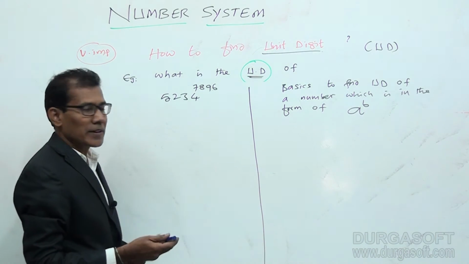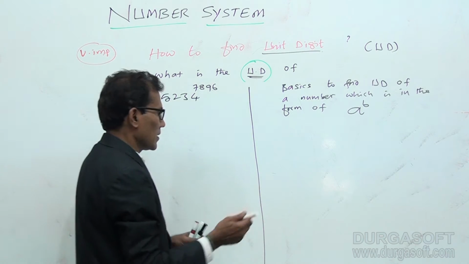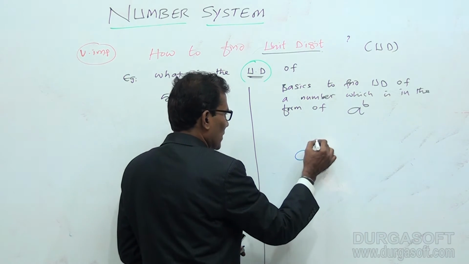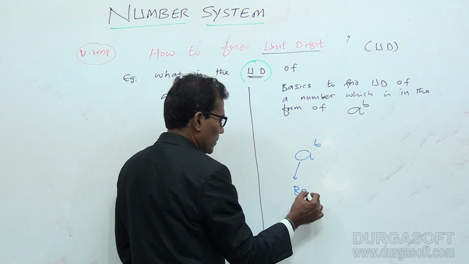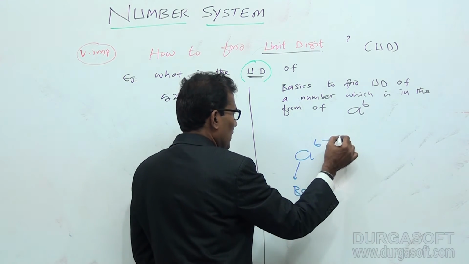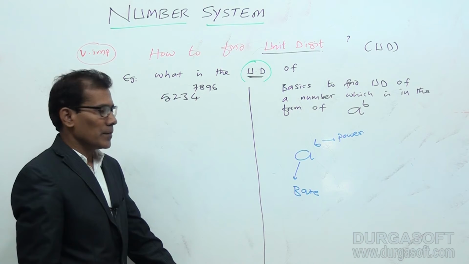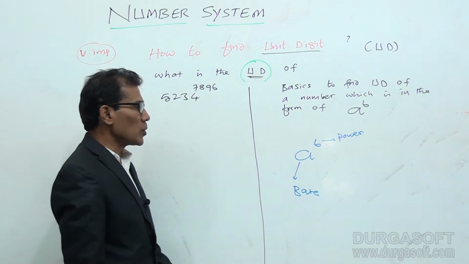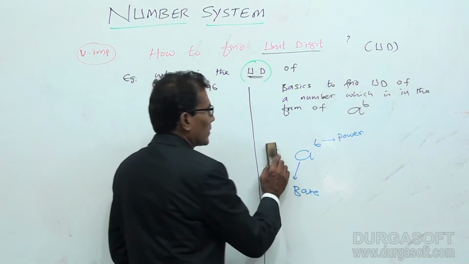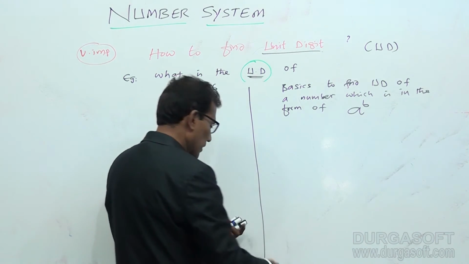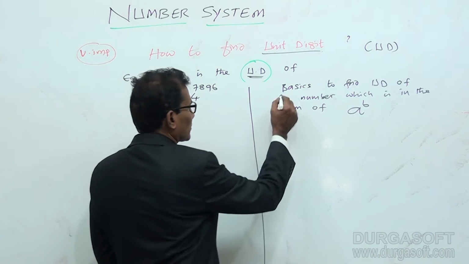When a number is given in the power format a power b, how to find the unit digit? When we write a power b, this a is called the base and this is called the power or exponent, base and power. So we will see what rules related to the base and power are involved, the basics in finding the unit digit of a number which is in the form of a power b.